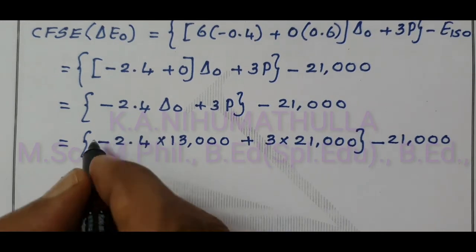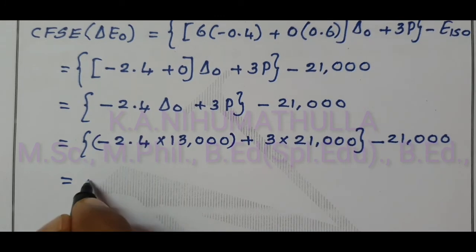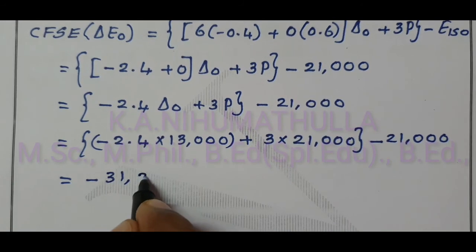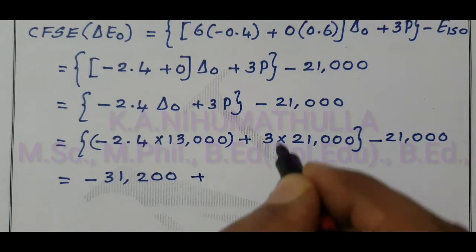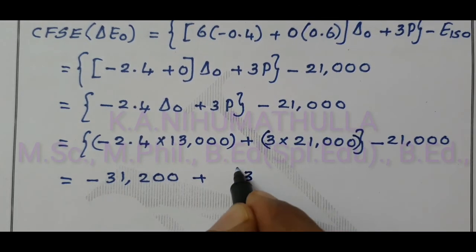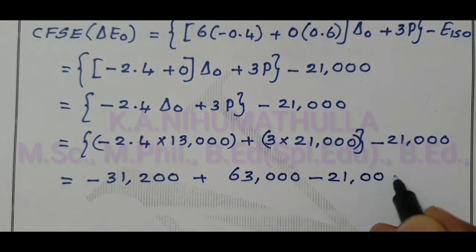minus 2.4 and 13,000, 24 into 13 equal to minus 31,200, plus 3 into 21,000, 3 into 1 equal to 3, 3 into 2 is 6, and minus we have 21,000.